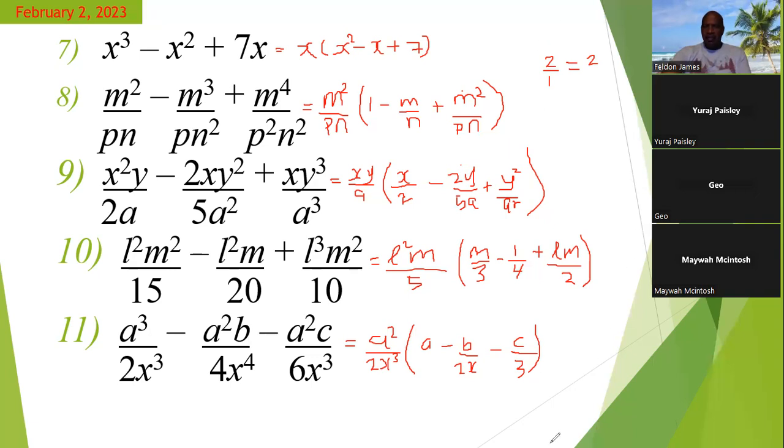We don't write the 1 because it is already understood that when you divide a number by 1, you get the number. It just looks a little more presentable without putting back the 1.